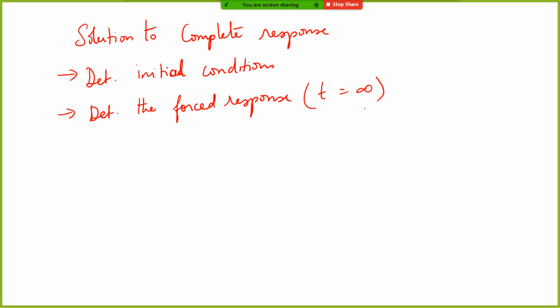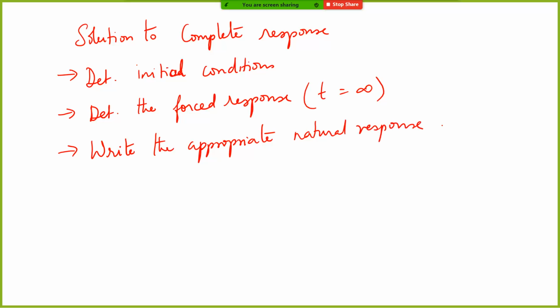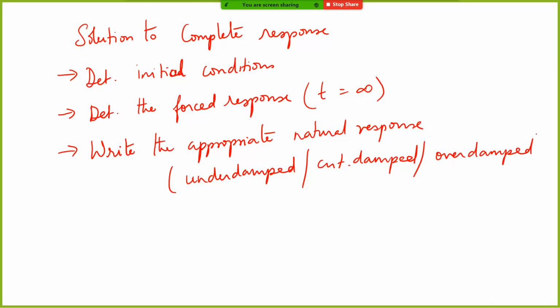What is the value? Correct. And then what you do is write the appropriate natural response. Why do we say appropriate natural response? The system can either be underdamped, or it can be critically damped, or it can be overdamped, right? So you need to figure out which of the three categories it belongs to, and then write those appropriate expressions.